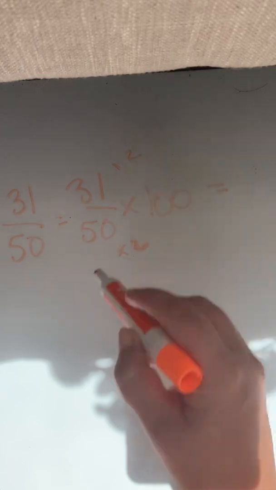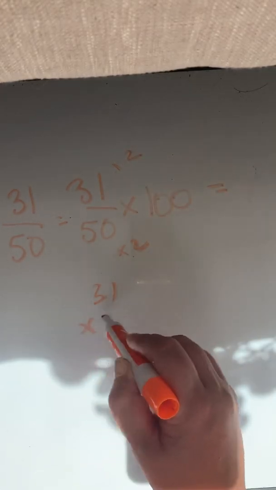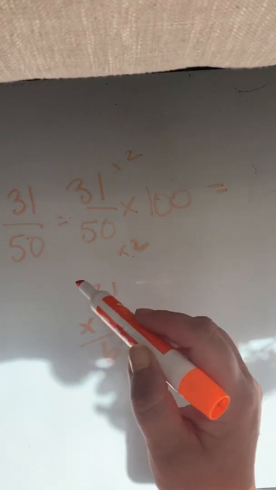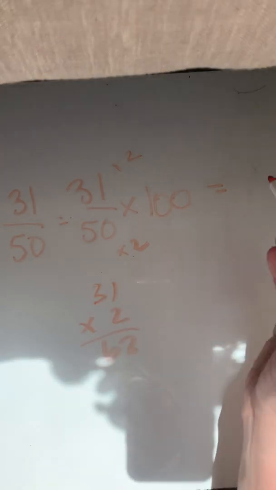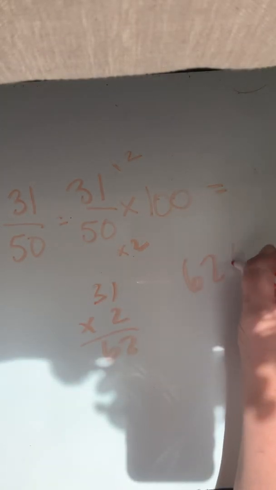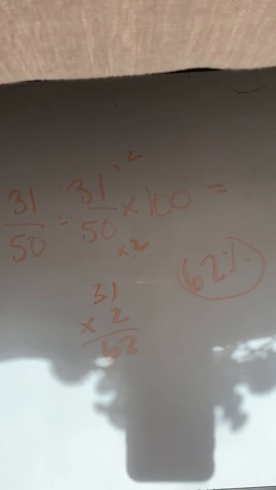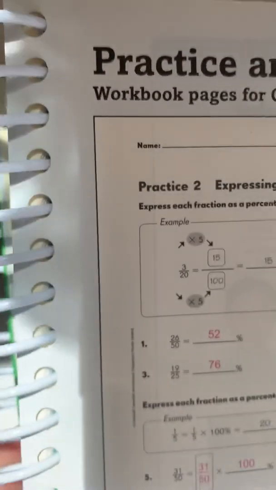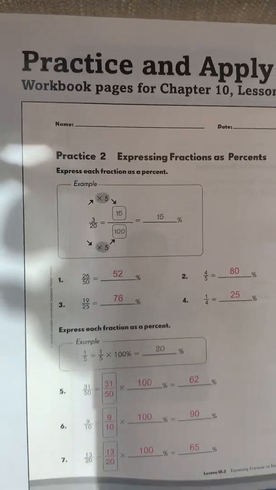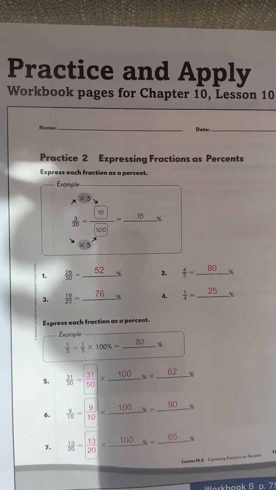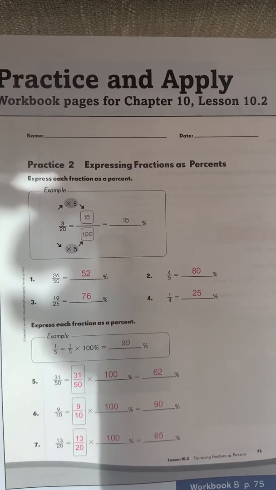So then I'm just going to multiply that to my numerator, 31 times 2. And so then that shows me that my answer would be 62%. Okay? I would like for you to try 6 and 7 on your own. Pause the video. All right, and here's 6 and 7. So make sure you've got this page all good.